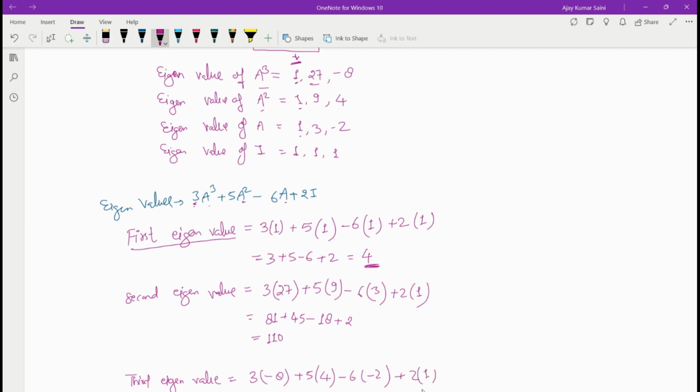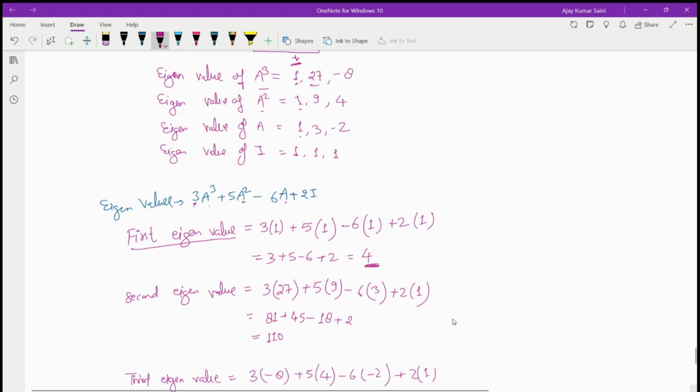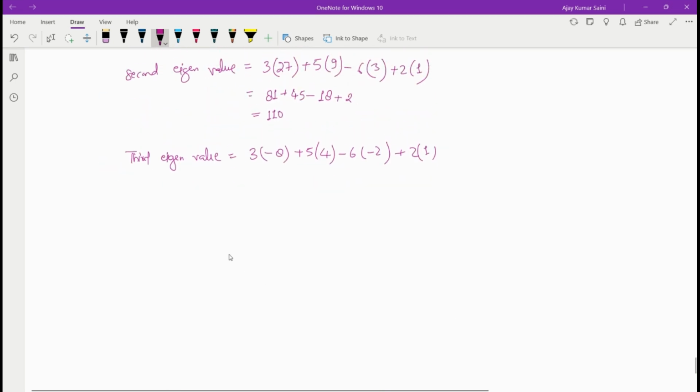So it is minus 24, plus 20, plus 12 and plus 2. Minus 24 and 34 gives 10. So 10 is the third eigenvalue.